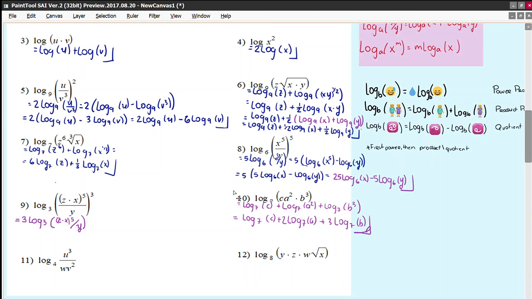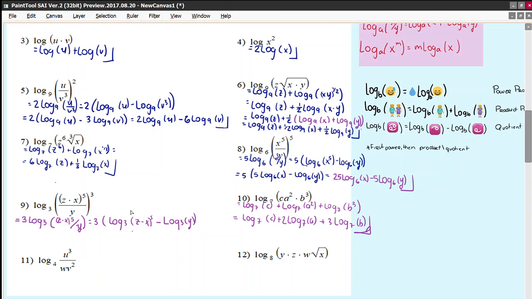So this results in 3 times logarithm base 3 of the numerator minus the logarithm of the denominator. Remember, because you expanded this logarithm, this 3 affects the entire expansion. That's why this 3 is multiplying the entire expansion.